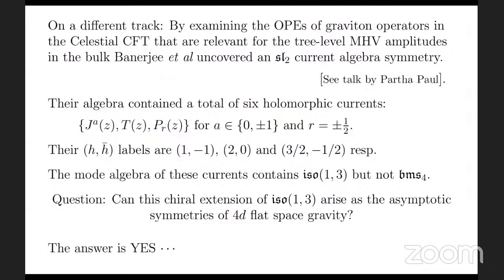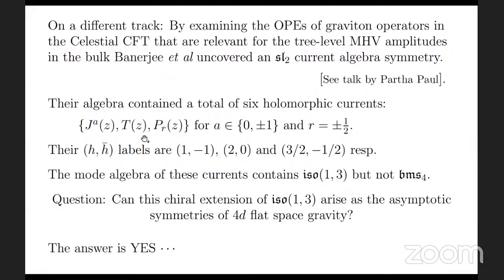Their algebra contained 6 holomorphic currents, which I label as J, A, T, and P^R, where these A's run over 0, plus minus 1, and R again are plus and minus half. The weights of these, or the representations they belong to, are labeled by these. These labels are such that H minus H bar is always 2, which corresponds to these being closely related to positive helicity graviton operators in their soft limits.